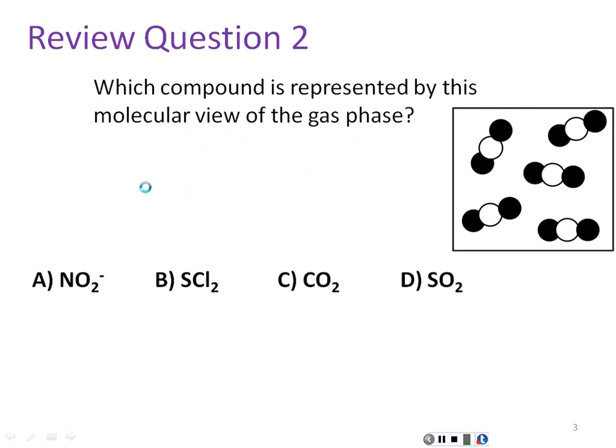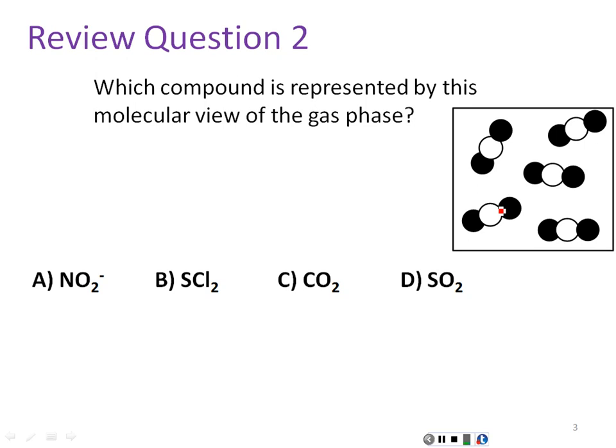Okay, review question 2, and hopefully this one should be fairly easy. Which compound listed below is represented by this picture? And what you'll notice is the molecule in the picture is a linear molecule. It has a linear molecular geometry. So select the formula below that gives a molecule with a linear molecular geometry.